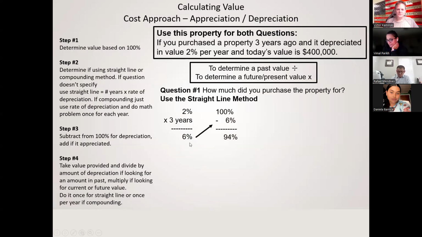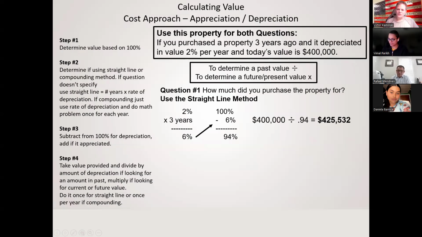Then we take 100% because that's the total value, and we subtract 6% from that. That gives us 94%. Now we take today's value of the property, $400,000, and because we're trying to figure out the value in the past, we divide it by 0.94. And that's our answer.